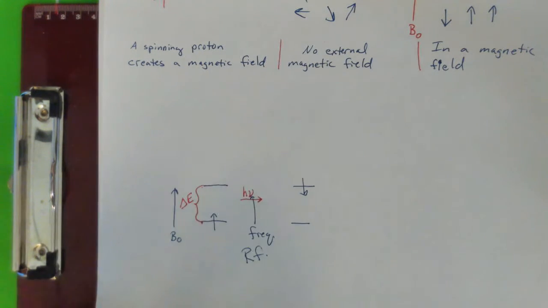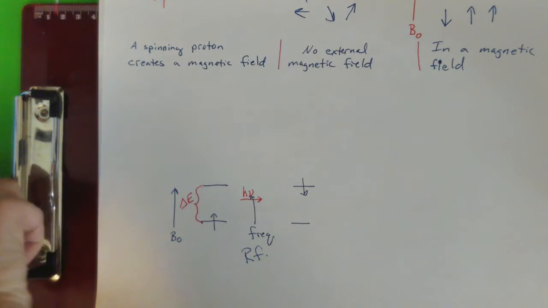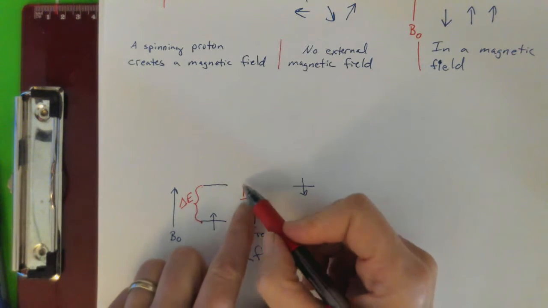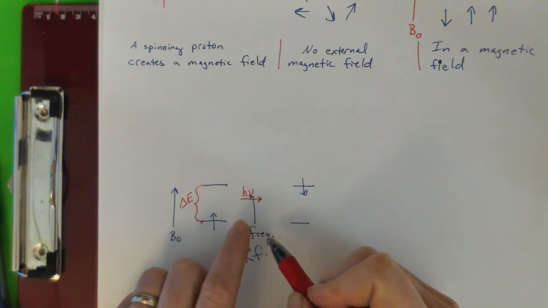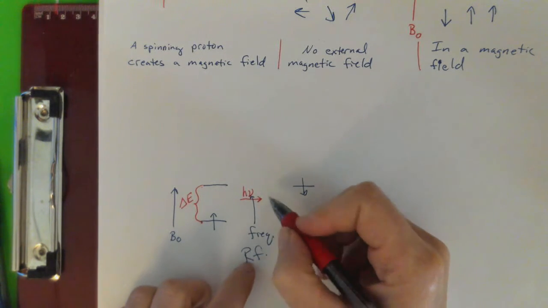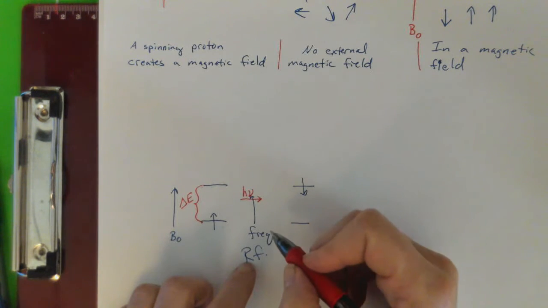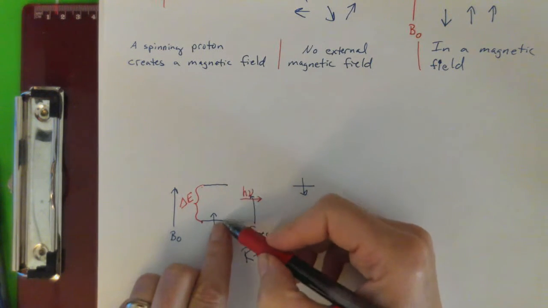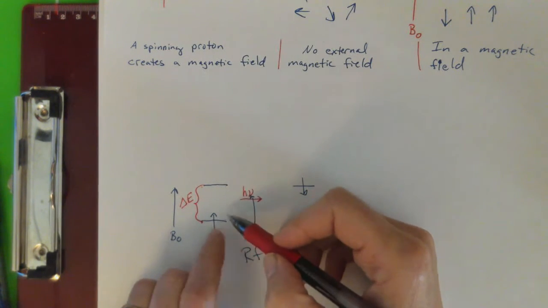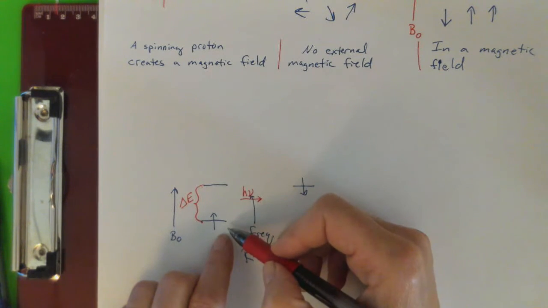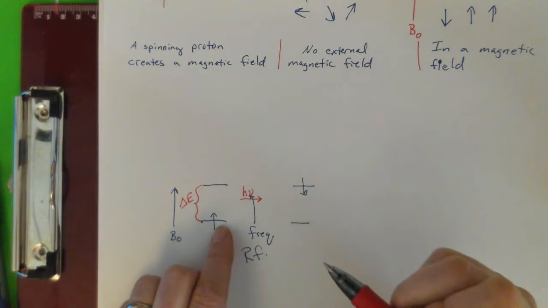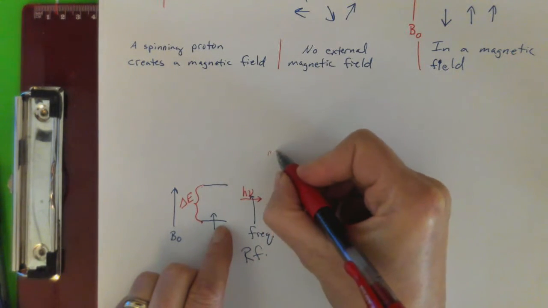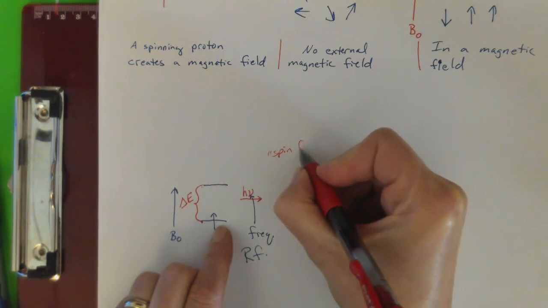So what we're going to do is shine some radio frequency light. This will be our external energy source. When it matches this energy difference, delta E, between these two states, the energy is absorbed and it causes the nucleus to do what's called a spin flip.